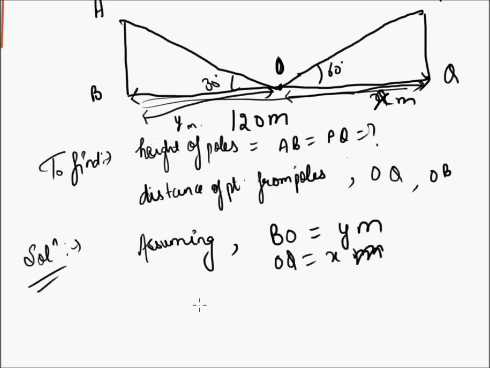Now friends, clearly BO plus OQ is 120 meters because it is nothing but BQ.